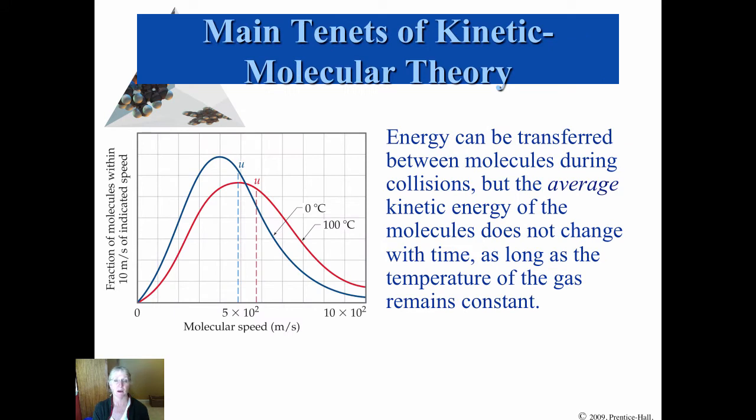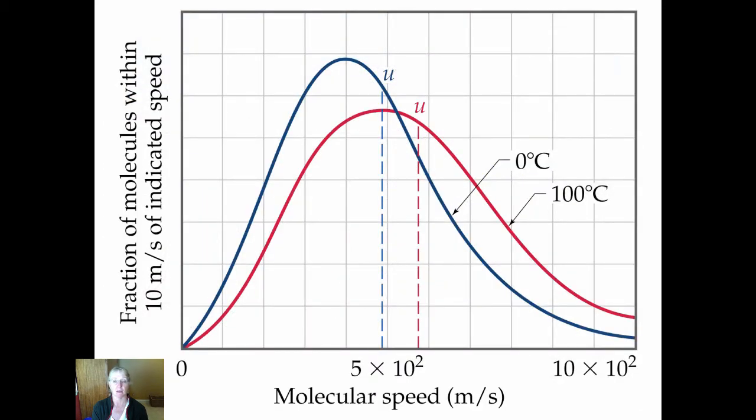Now this graph I have on the next slide in a slightly larger version, but recognize that we're looking at two different containers here. The one in red is the one at a higher temperature, and the one in blue is at a cooler temperature. Remember, the average kinetic energy of the molecules won't change with time, as long as you keep the temperature constant.